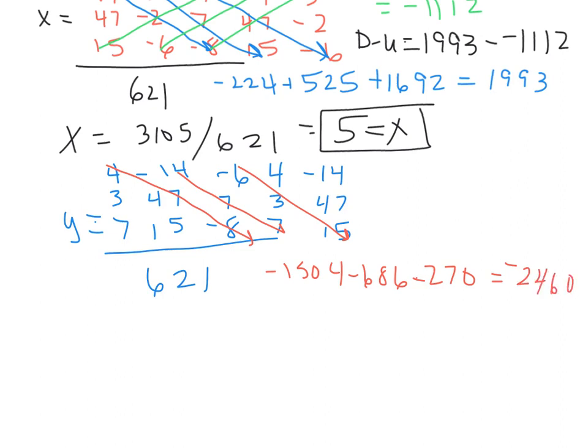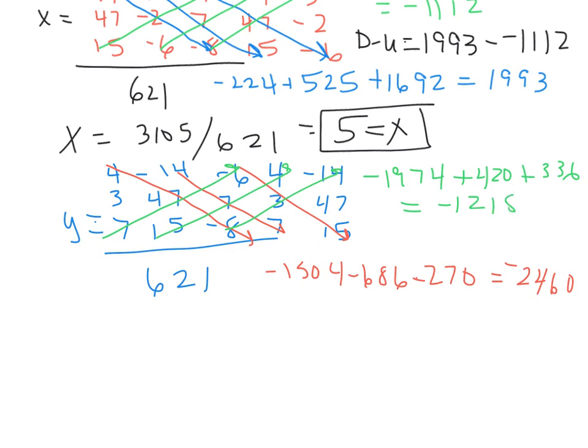Okay, then we're going to go to our ups, and we got 1, 2, 3. So my ups are negative 1974 plus 420 plus 336, which equals negative 1218.